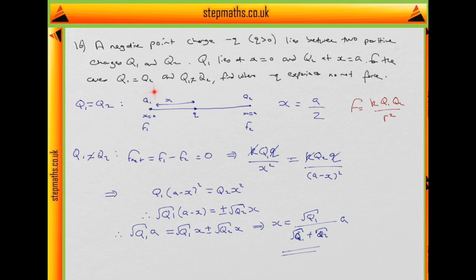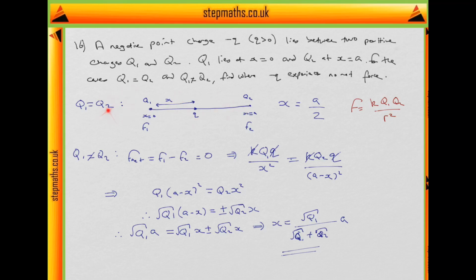However, we said that Q1 and Q2 are only slightly different in magnitude. So that would require Q2 to be exceptionally large to produce enough force to pull it back and have no net force. And in fact, you wouldn't have no net force over here, because if these are both positive charges and it's at a negative coordinate, then we have both charges pulling on the negative charge.